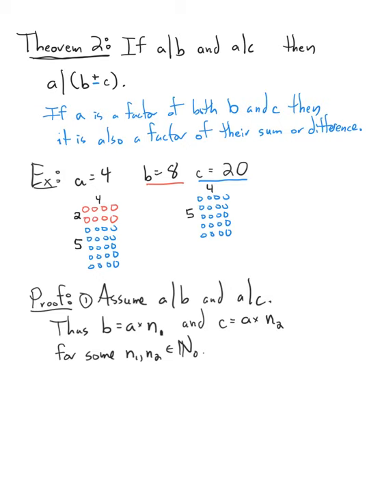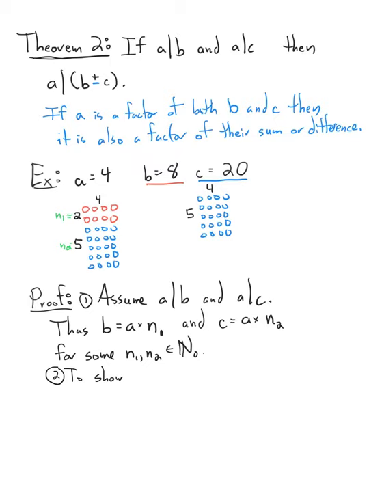So in our example case here, remember to say that 4 is a factor of 8 or 4 divides 8. We don't really care about what these numbers are. We just care that they exist. So in our first example, well, this is our N1 and this is our N2. Okay. So we want to show, we'll do the plus case first.